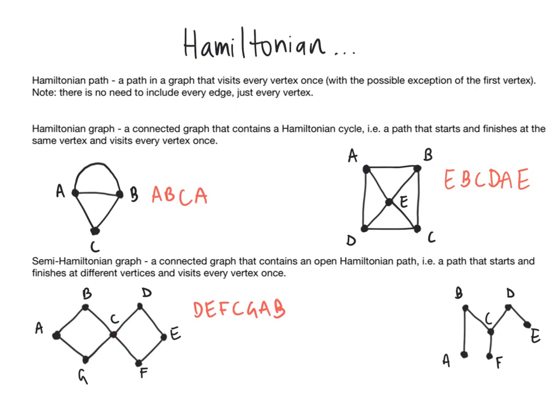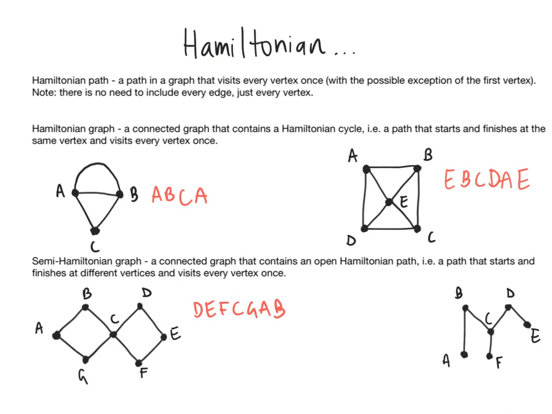Only trails can repeat vertices. So there is no possible way of getting back to the same vertex that I started at, and so it has to remain an open path. And because there is an open path which includes all vertices once and once only, we can then classify this graph as being semi-Hamiltonian.